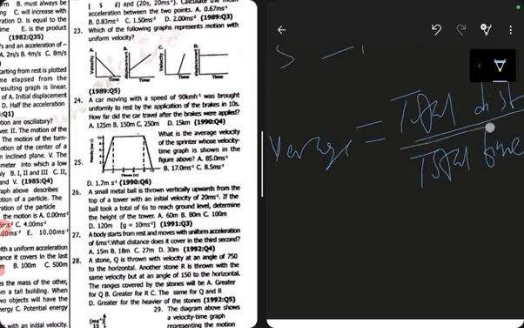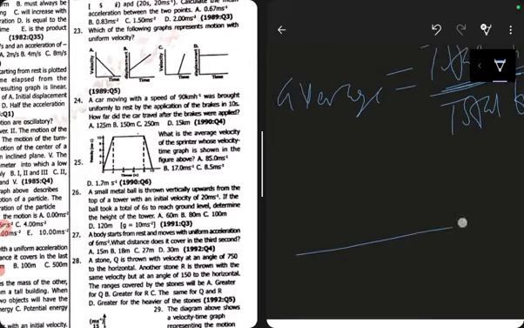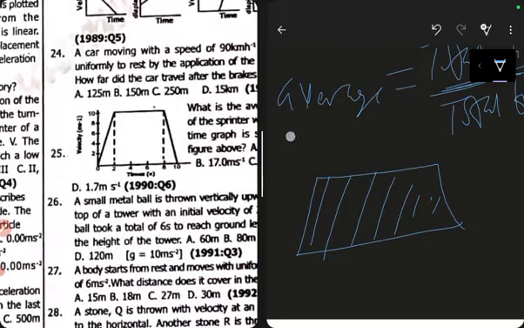Now, how do I get total distance? For your velocity time graph, I told you the area of the shape is the total distance covered. And the slope, for a velocity time graph, will be change in y, which is velocity, over change in x, which is time.